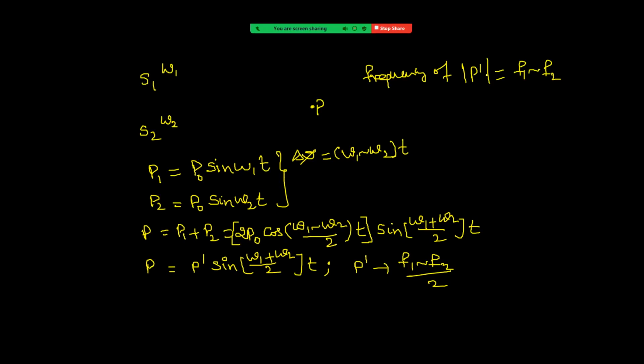Modulus of p dash is modulus of cos function. That's why twice. Okay. Getting the point. This is the frequency of modulus of p dash, because we have to focus on whenever change in pressure is maximum, we hear maximum intensity. That means frequency of modulus of p dash is f1 minus f2.